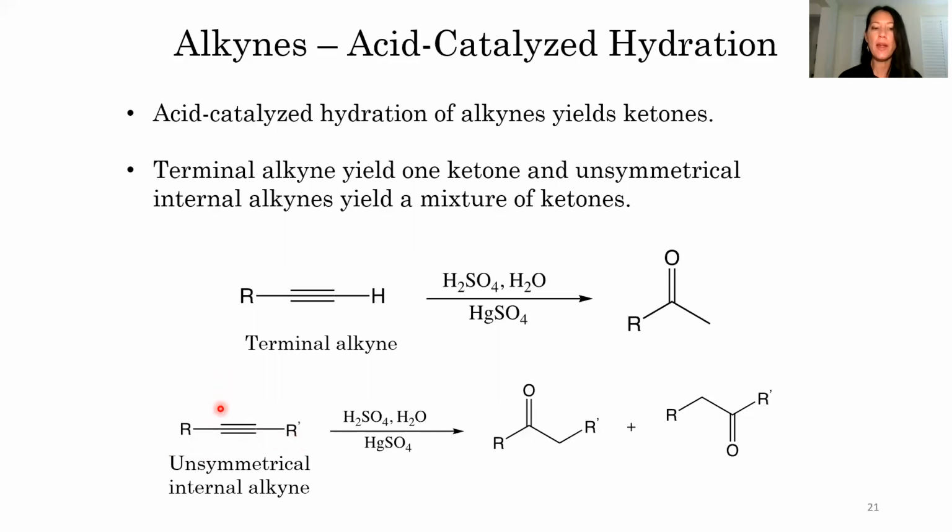So you can have the OH add here, reveal a ketone closer to the left side near R, or you can have the OH add on the right carbon closer to R prime, revealing the ketone on this side. Those are two separate compounds, so you can get a mixture of both.